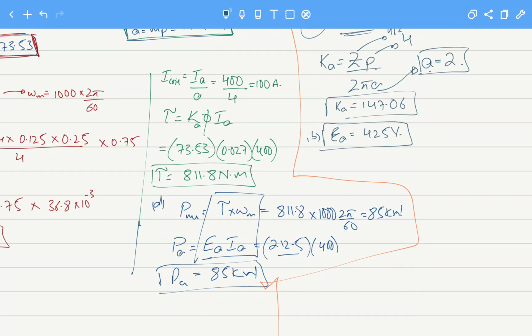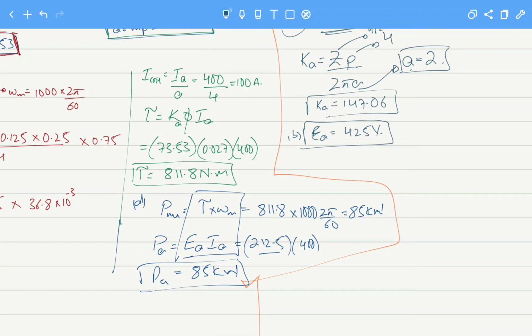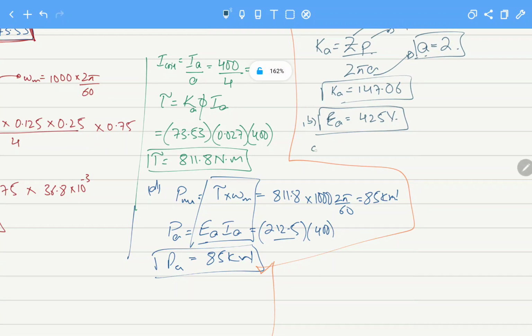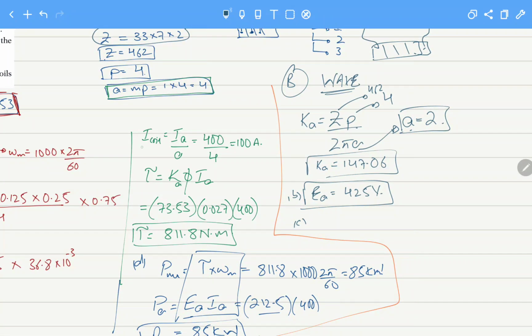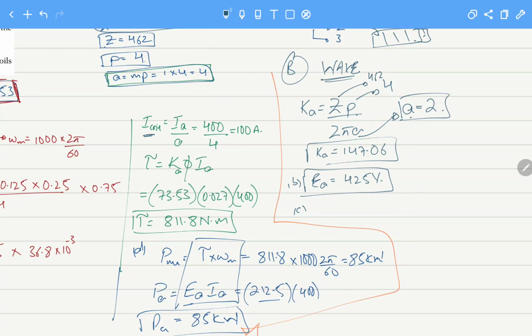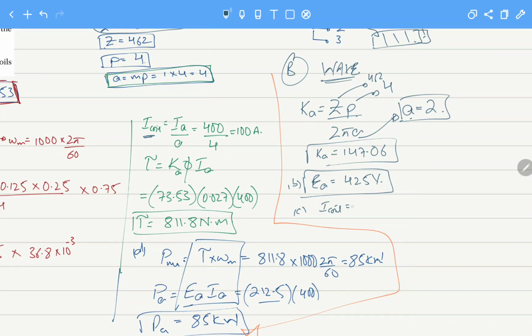Similarly, in this case, the armature current for part C, the coil current will be 400 divided by 400, and the armature current for this scenario, IA, is equal to A times I coil.